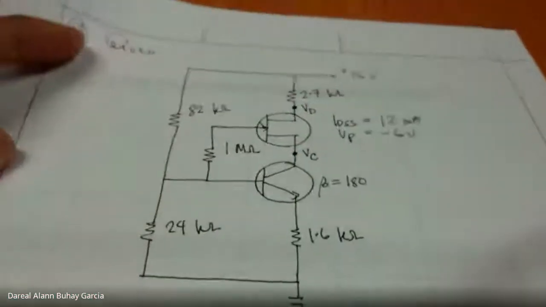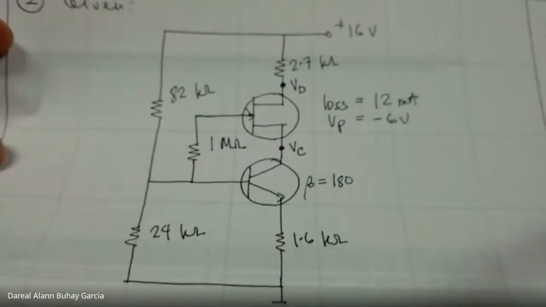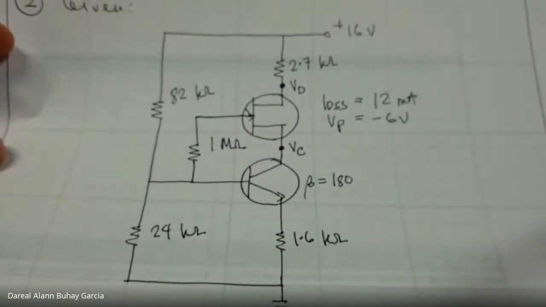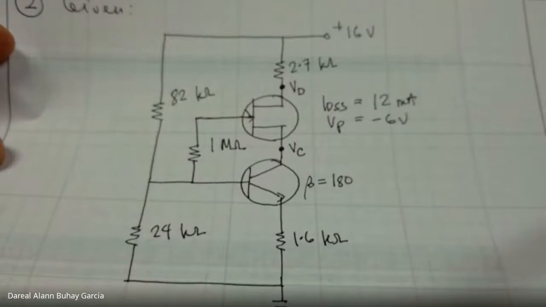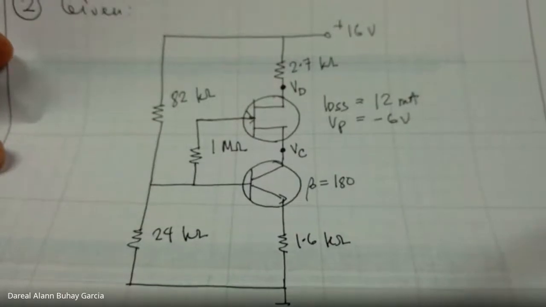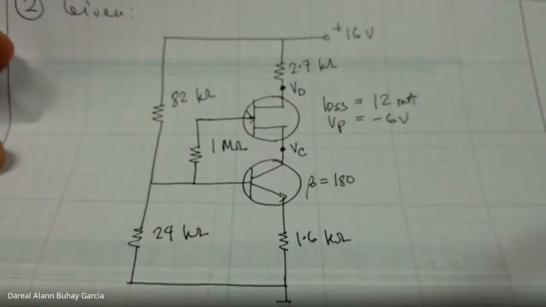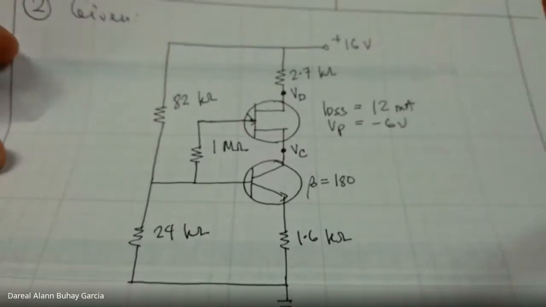Next. This one. With respect to the BJT, it was voltage divider, and for the FET it was self-bias.